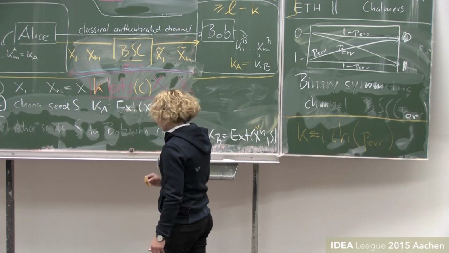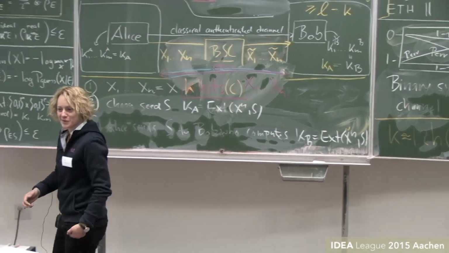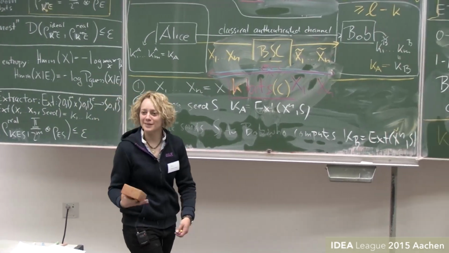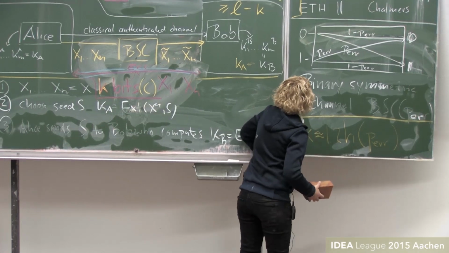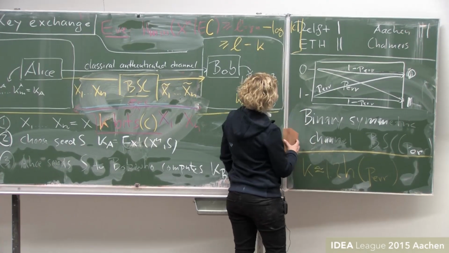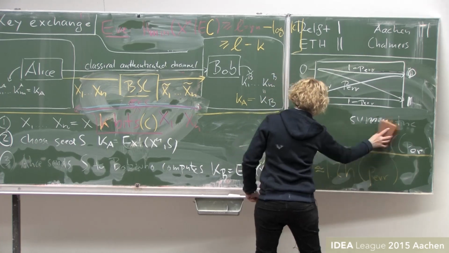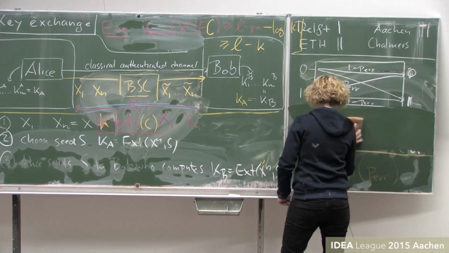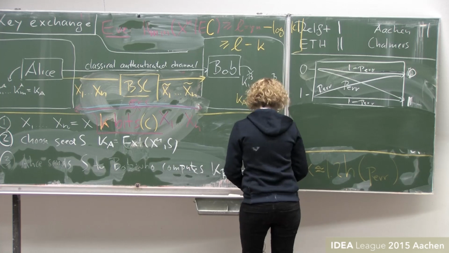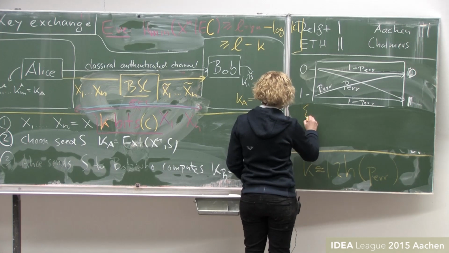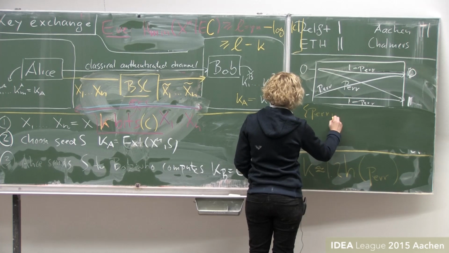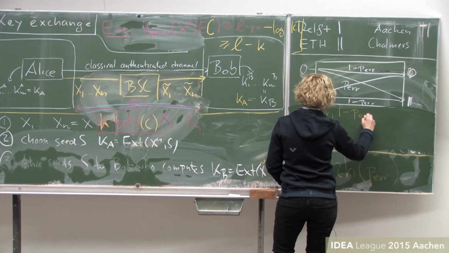So what is this binary entropy? Should I define the binary entropy? Who wants me to define it? Okay, good. The binary entropy is basically the Shannon entropy of the distribution (p error, 1 minus p error).